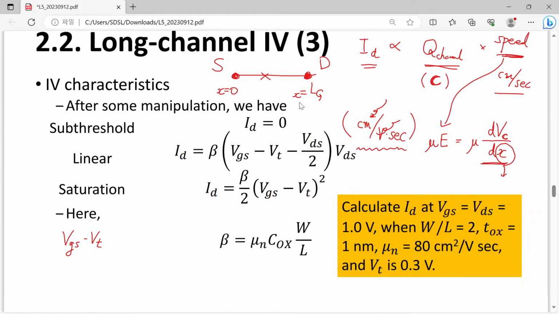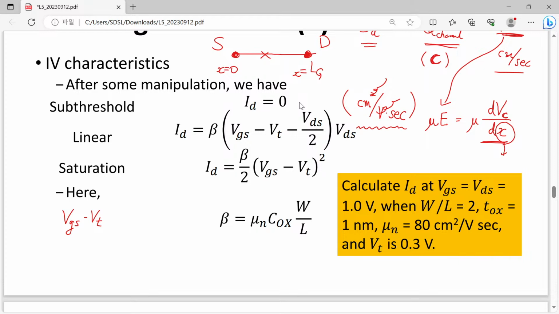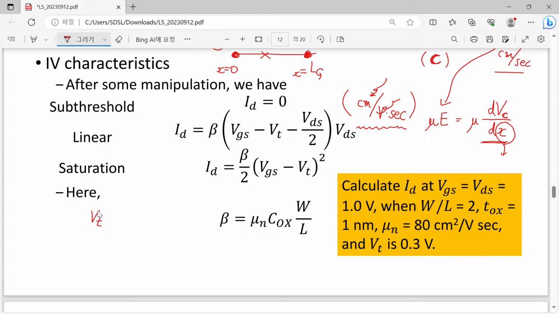So write it in this way: instead of that, we will have VG minus VC minus VT. This is nothing but VGC multiplied by our speed, and speed is given by this form.